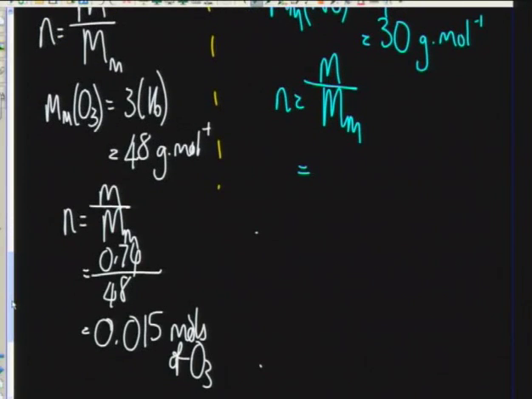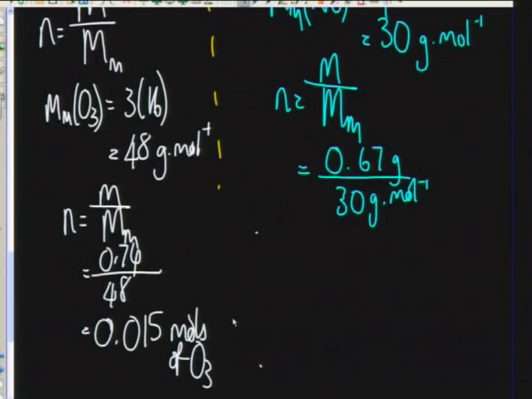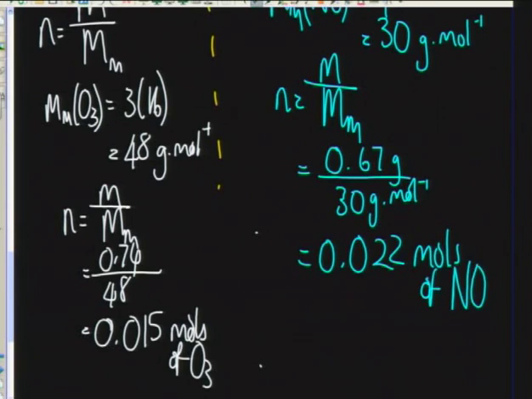So we've got 0.67 grams divided by 30 grams in 1 mole. 0.67 divided by 30, written as a decimal, is 0.022. I'm keeping quite a few decimal places here. 0.022 moles of NO.